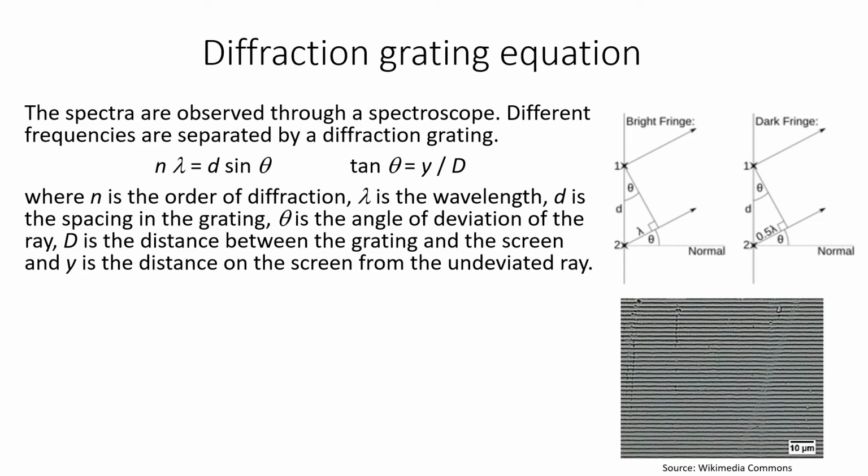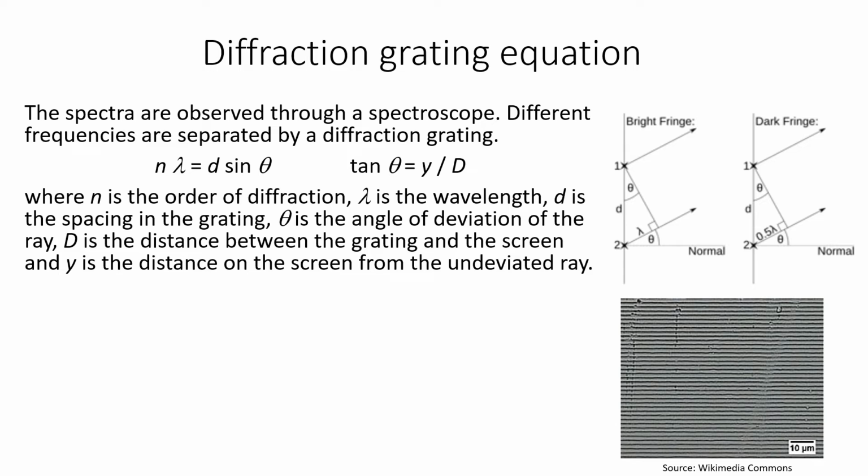And these are the equations here for diffraction. You can see with this first equation, n lambda equals d sine theta, it shows you that the wavelength of light is an important property, and the position of the fringes is going to depend on the wavelength of light.